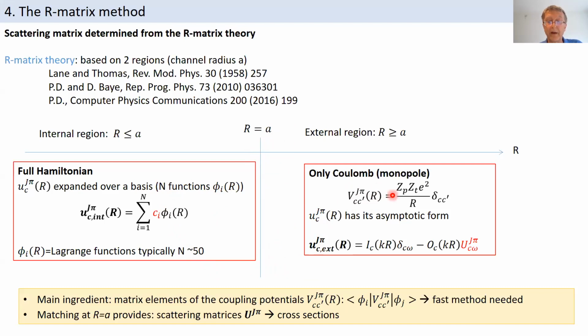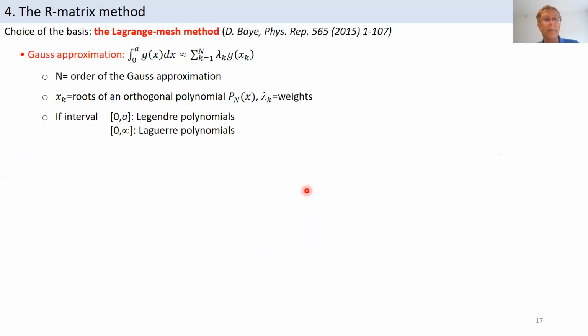You may have high order terms. But if it's too large, then you need many basis functions here, and then the computer time increases. So the best choice results from a compromise, and you have to make sure that the cross-section is stable.